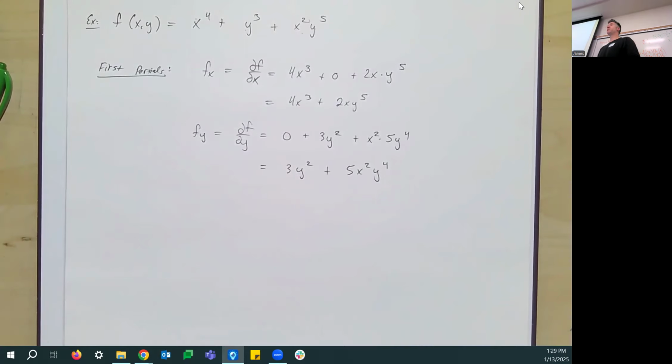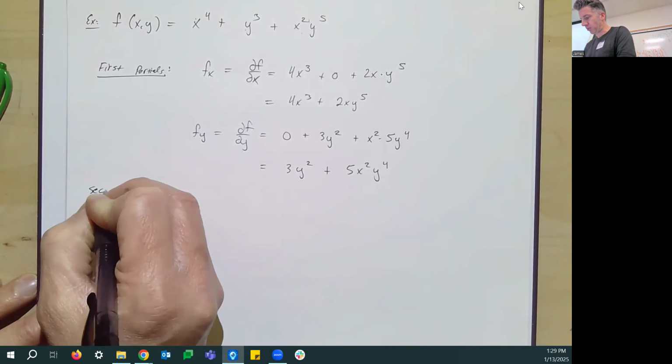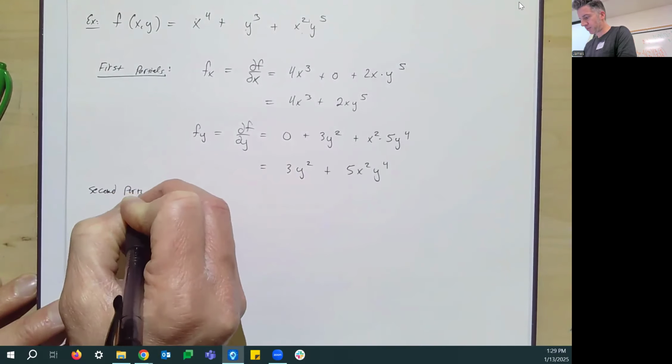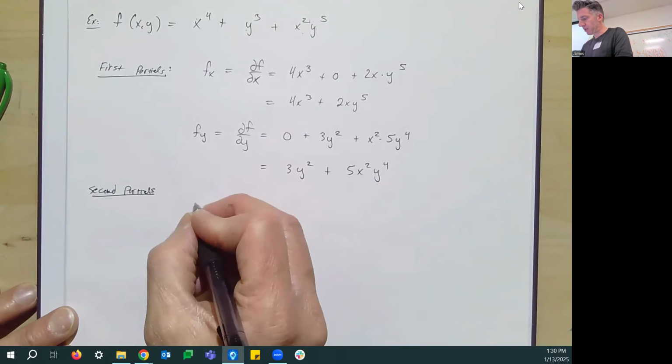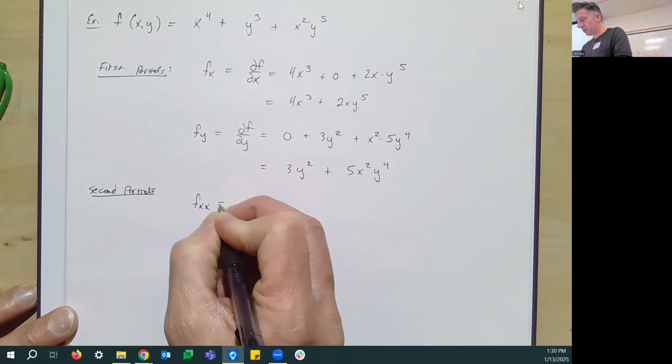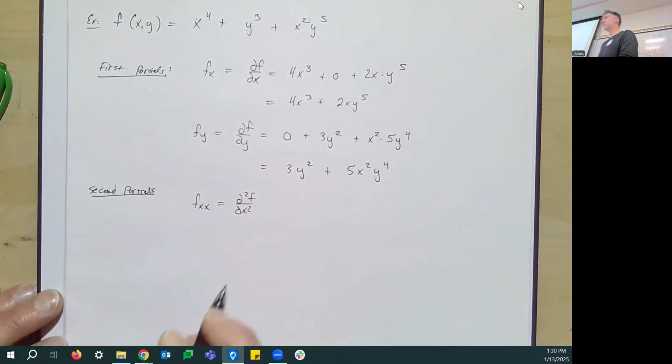There's also second partials. So we'll do the second partial derivatives. We have fxx, or del squared f del x squared. Really, this means you're taking the derivative with respect to x again.